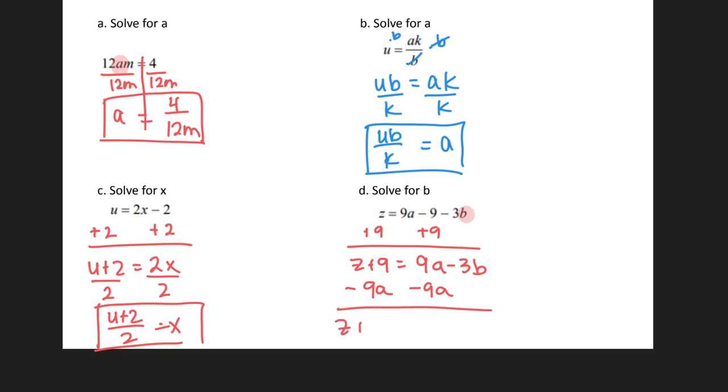So I have z plus 9 minus 9a is equal to negative 3b. And the last thing I'm going to do is divide everything by negative 3. So my final answer is going to be z plus 9 minus 9a over negative 3.